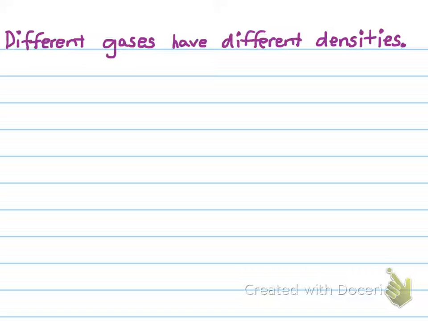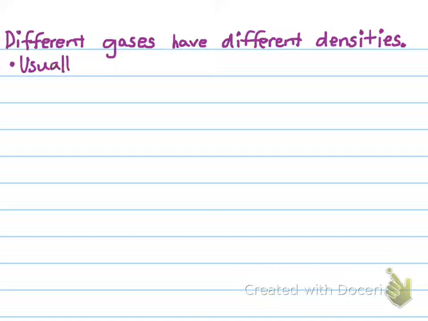It rises, right? It flies away. Why does it do that? Because helium gas is less dense than the gases that make up air. So helium gas in air is going to rise, okay? And you lose your balloon if you let go of it, okay? So different gases have different densities.